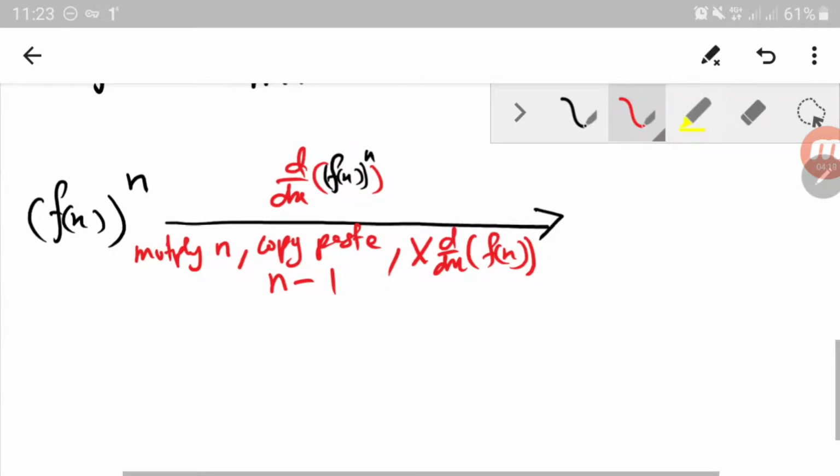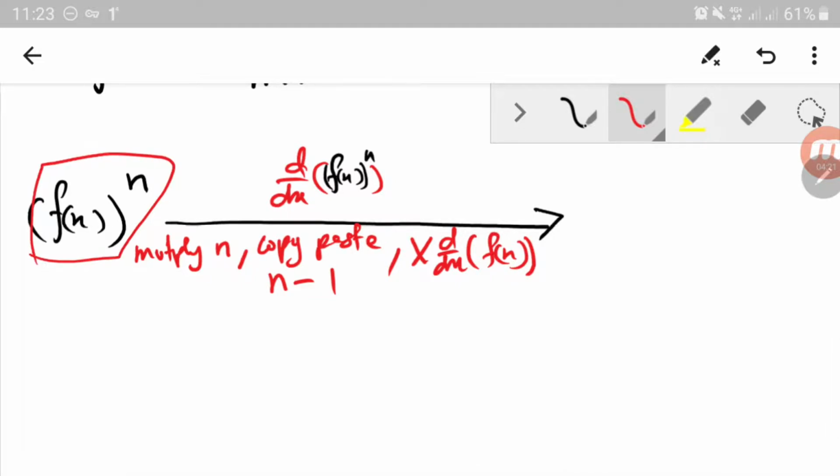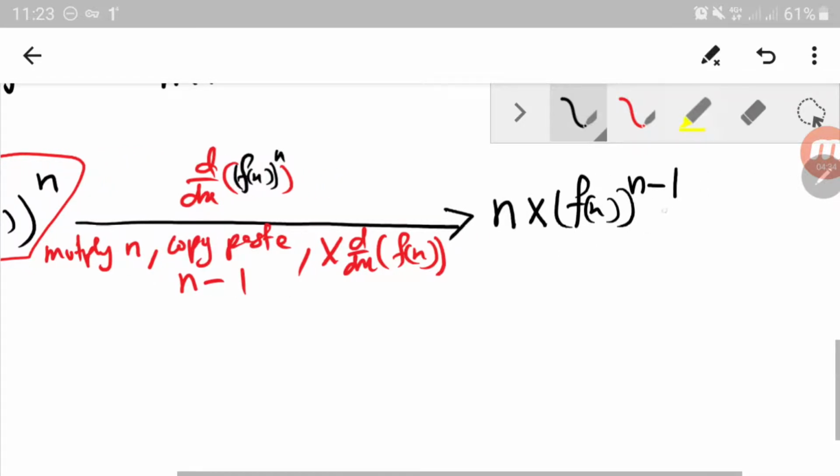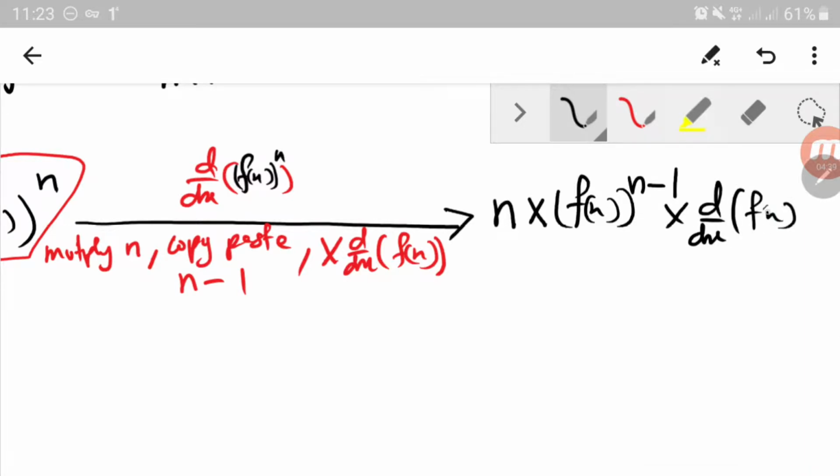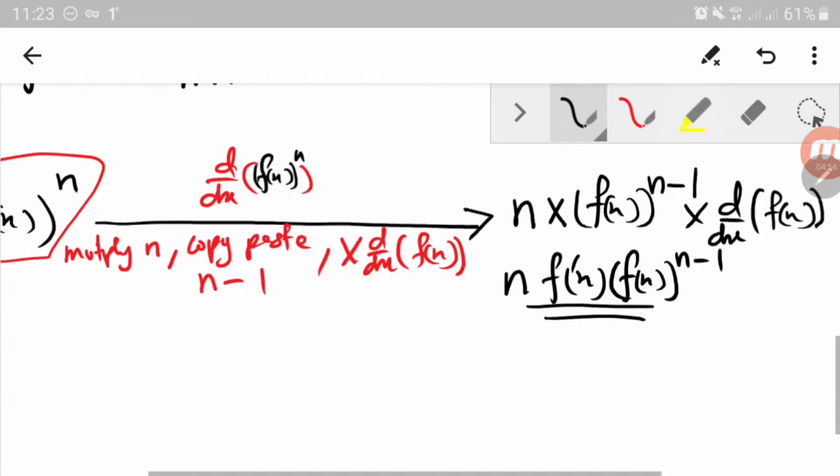That is why we write it as n multiplied by f'(x) and then f(x) to the power n minus 1. So this is the final version of the differentiation.